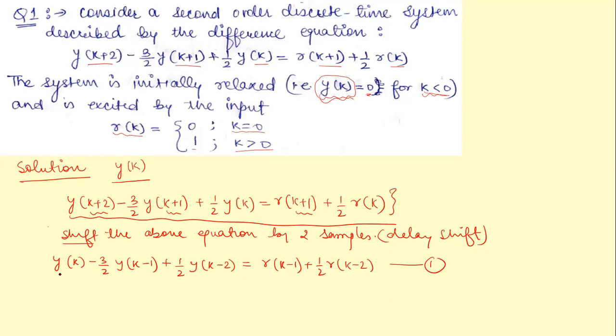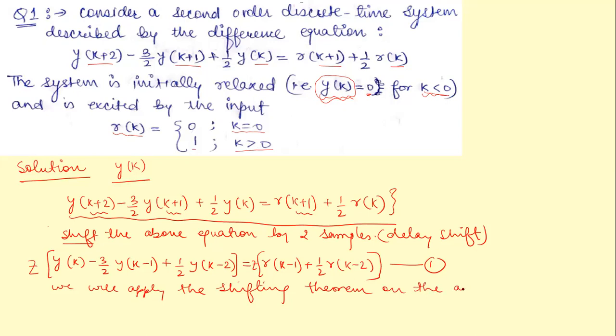Now what we will do is we will apply the Z transform on this particular equation, right? So we will have the Z transform of this equation. Now to get the Z transform, we need to apply the shifting property also, right? So we will apply the shifting theorem on the above equation, right?